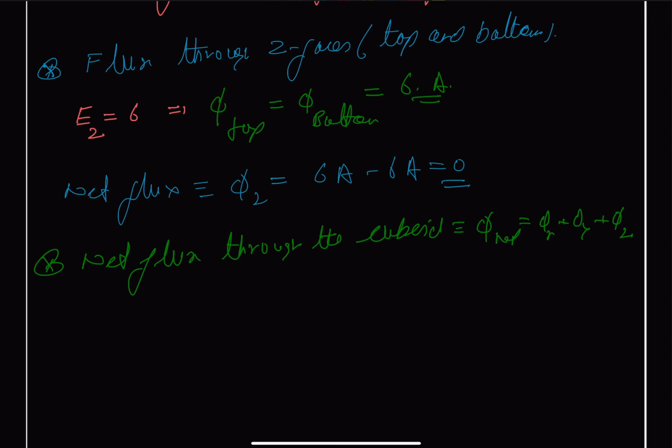We substitute the values. Phi x is plus 12, phi y is minus 24, and phi z is 0, which gives us minus 12 Newton meter square per coulomb.